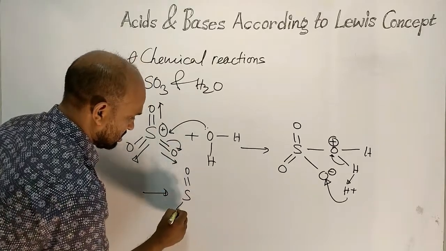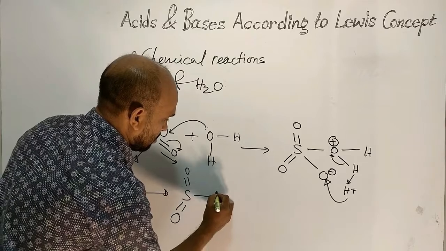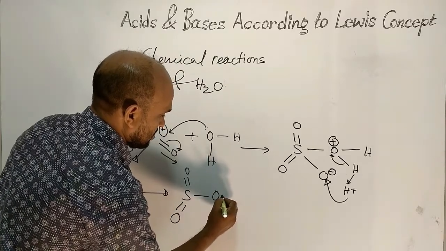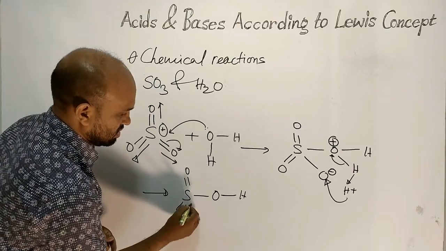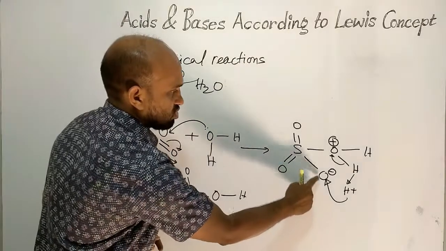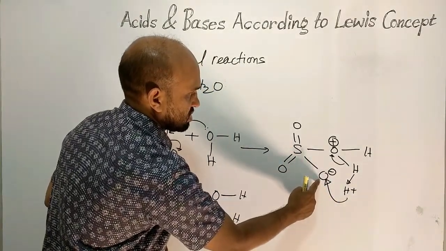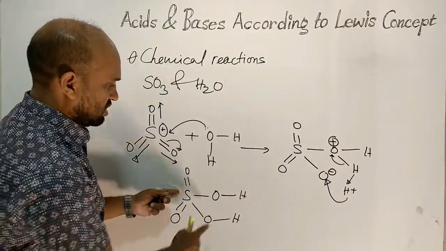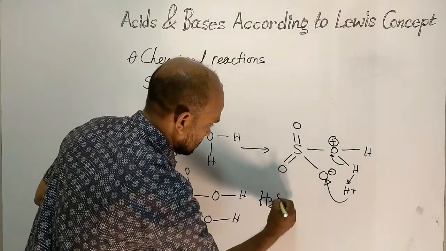Sulfur with oxygen. This is oxygen, here oxygen, and here hydrogen, and another bond is here, that is oxygen and hydrogen. This hydrogen ion combines with this oxygen. Now this is actually H2SO4, that means sulfuric acid.